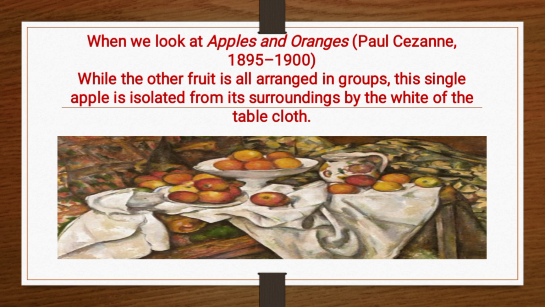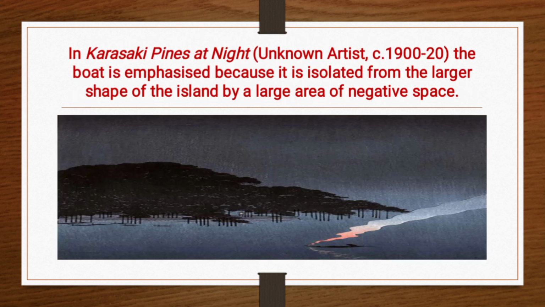There are a lot of stories that back up a work of art to make it look very distinct. Now, we have Karasaki Pines at Night. The artist is unknown and the work was done between 1900 and 1920. The boat is emphasized because it is isolated from the larger shape of the island by a large area of negative space.